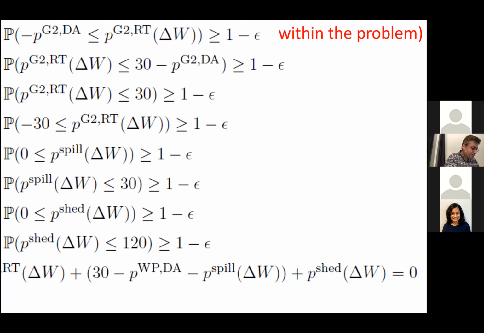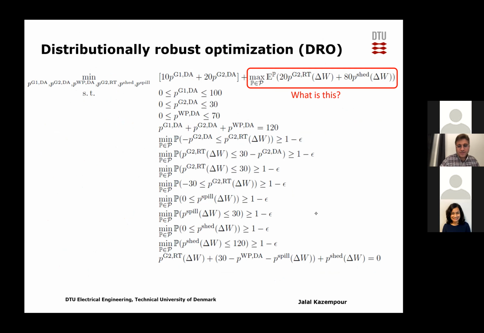So what is this term? Which cost? I know it's operational cost in real time, but I'd like to hear the exact name. Expected, worst case. What? I'd like to hear the full name.